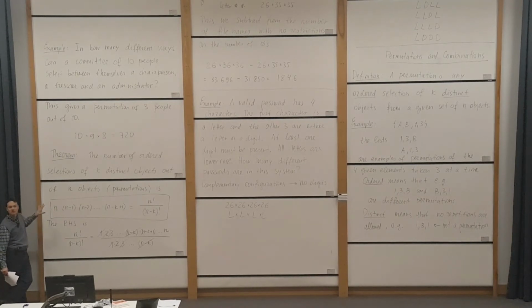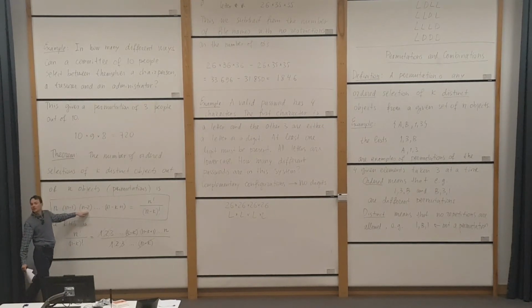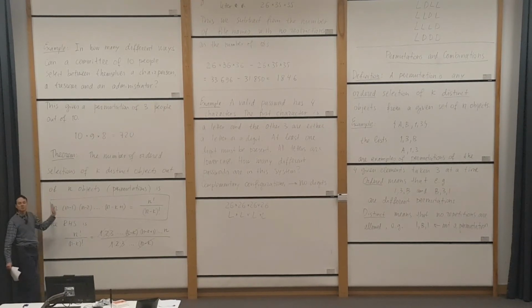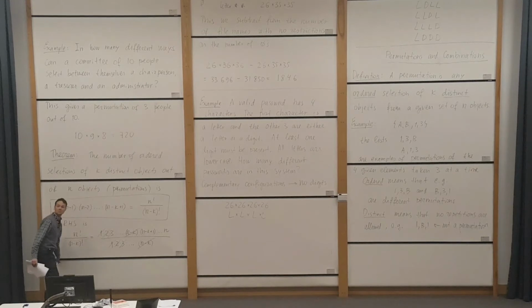Once that position is filled, I can no longer pick that object again. I have n minus 1 choices for the second position, and n minus 2 for the third, and so on. And I multiply through these choices. Essentially, this is the product rule. Okay?